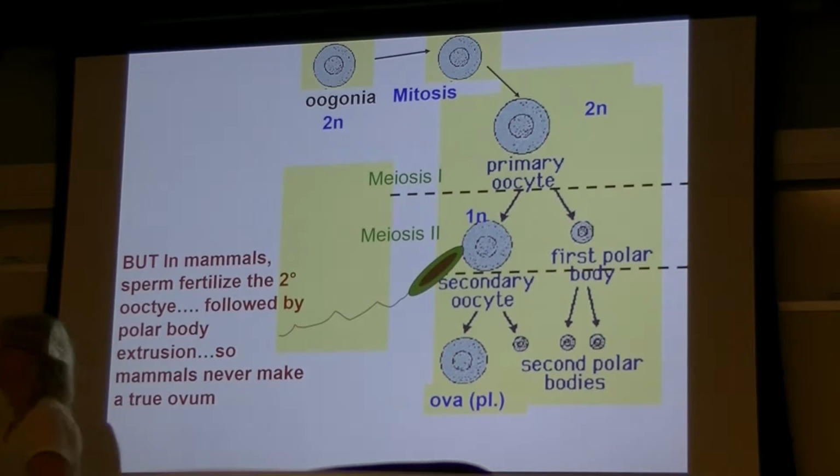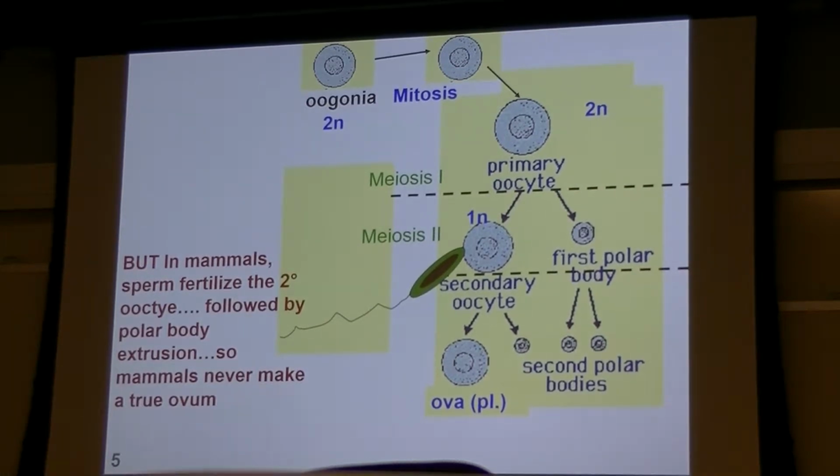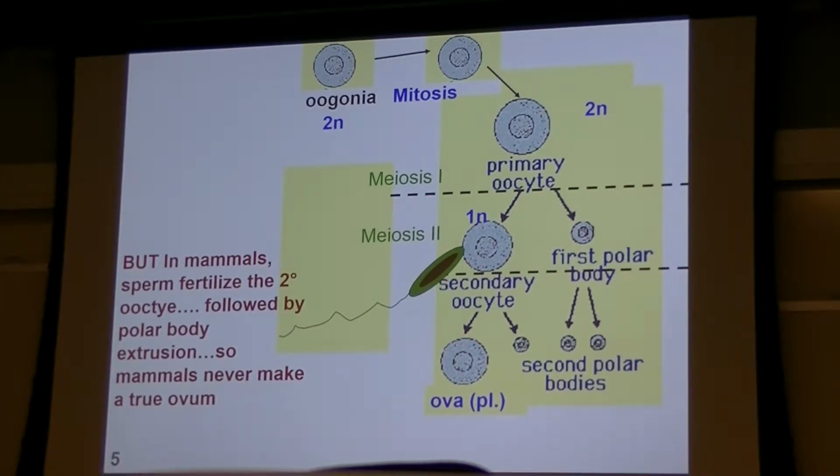Now, it's also interesting that this is not always the same for every mammalian species. This is the case for humans, but we'll have a slide later that looks at the different stages that different species fertilize eggs at. Either primary, secondary, or a true ovum. It just depends on the species.